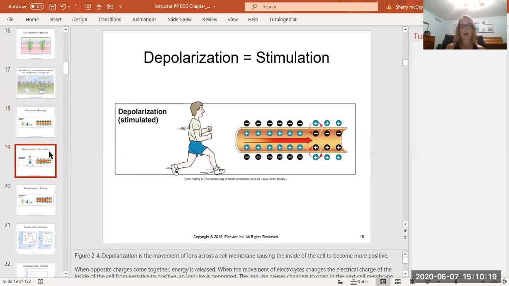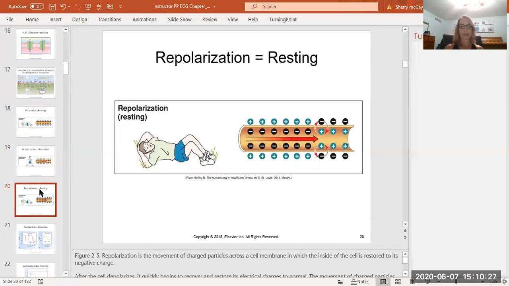Depolarization is the movement of ions across a cell membrane, causing the inside of the cell to become more positive. And then repolarization is the movement of charged particles across the cell membrane in which the inside is restored to its negative charge.